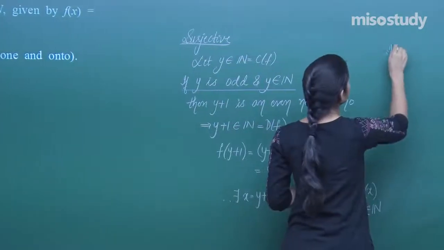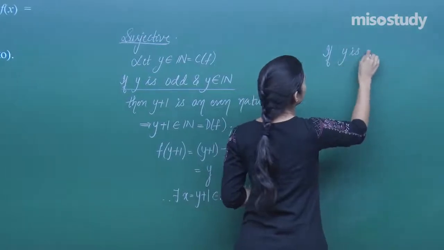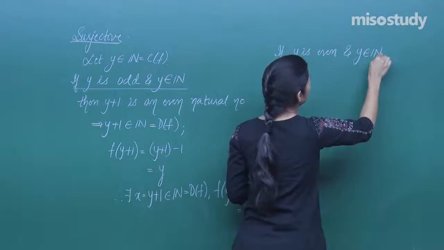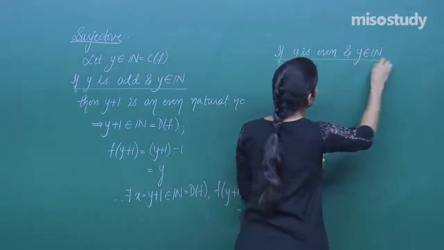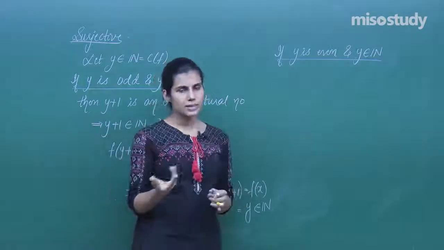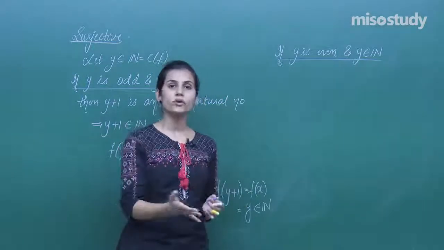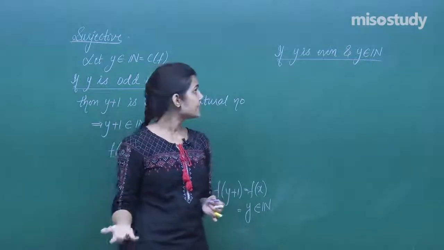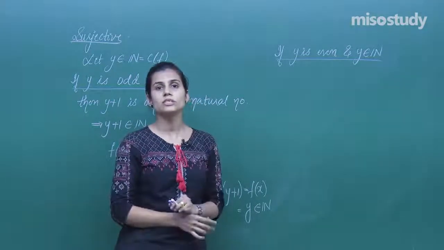Next, if y is even. If y is an even natural number, then what is that natural number which is going to get mapped to this y under f? If y is even, suppose y is 4, then just before 4 is 3, which is odd. If y is say 8, then just before 8 is 7, which is odd.